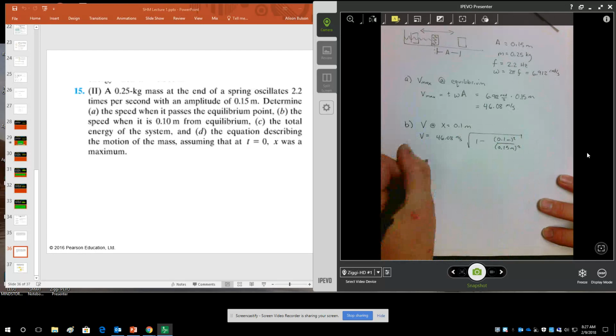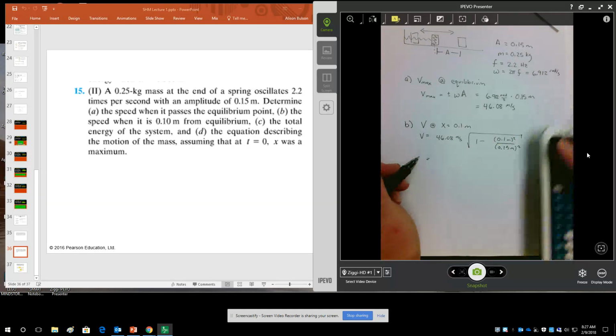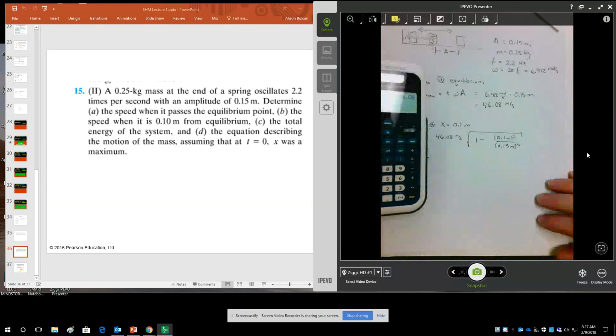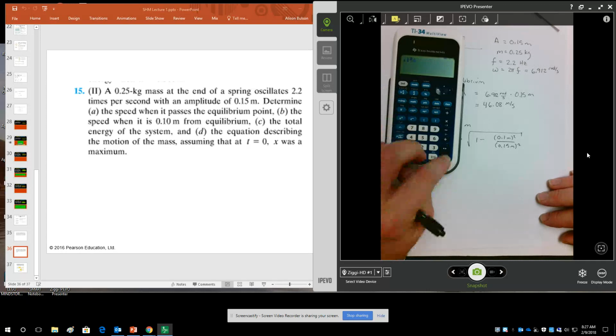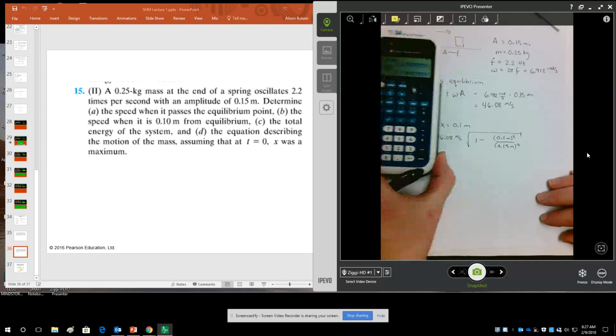And so we find that the velocity is equal to, here, I'll show you my calculation. You can track whether or not I do this correctly. So we're doing 0.1 squared, divided by 0.15 squared, and then I'm going to subtract that from 1, and then I'm going to take the square root of that, and then I'm going to multiply that by 46.